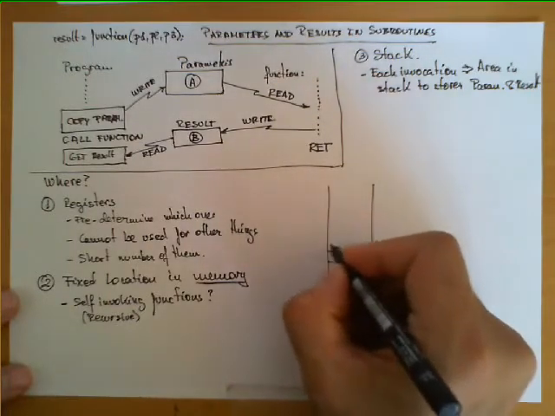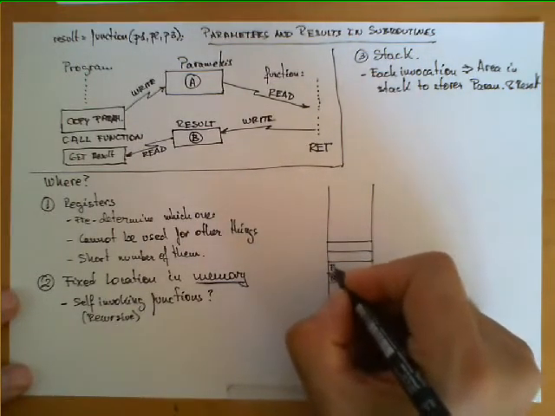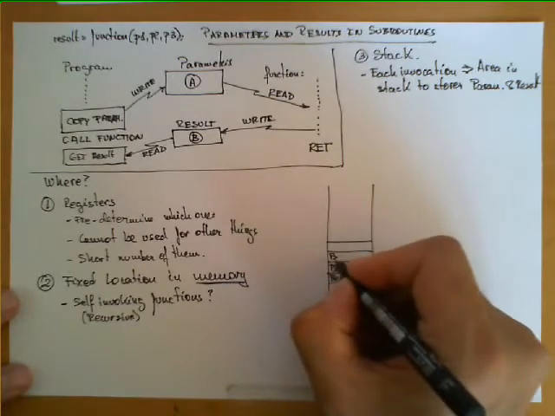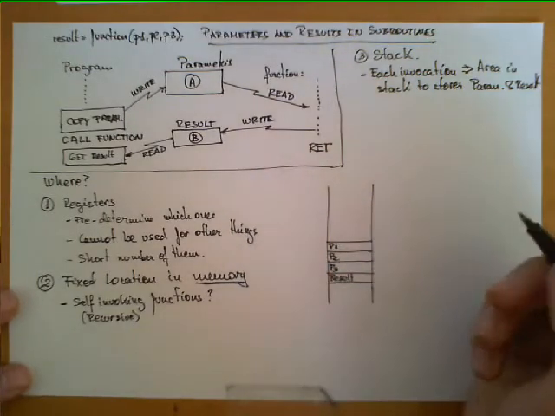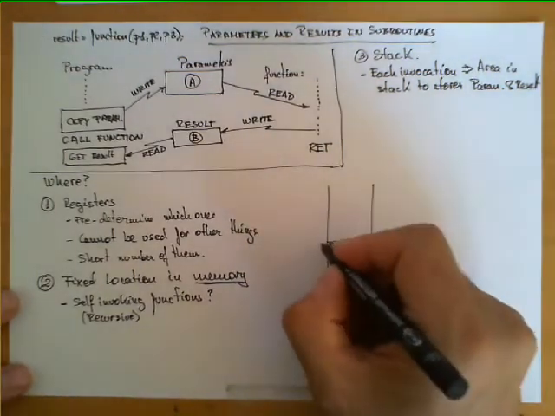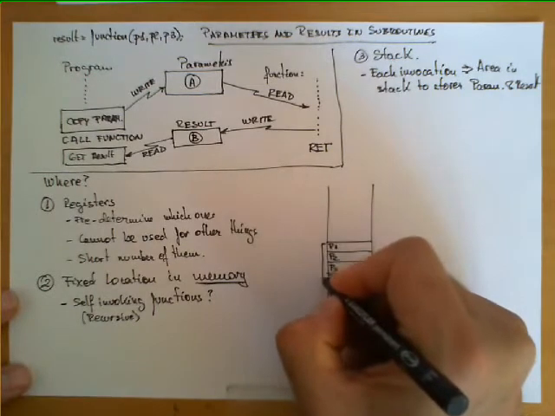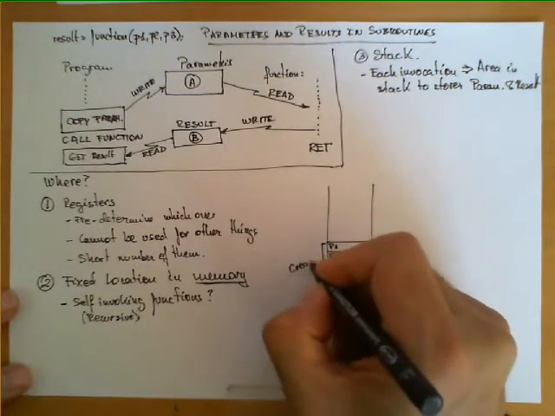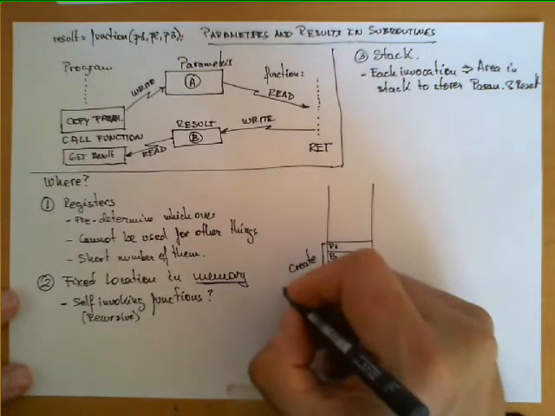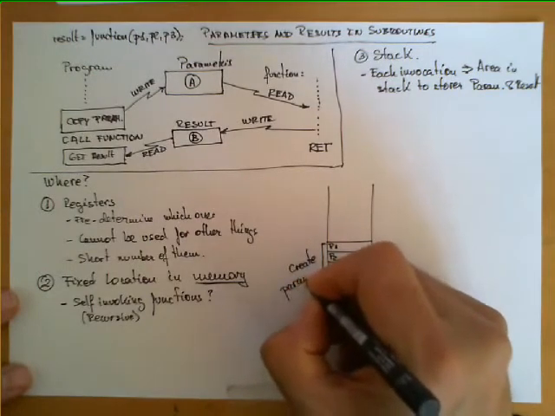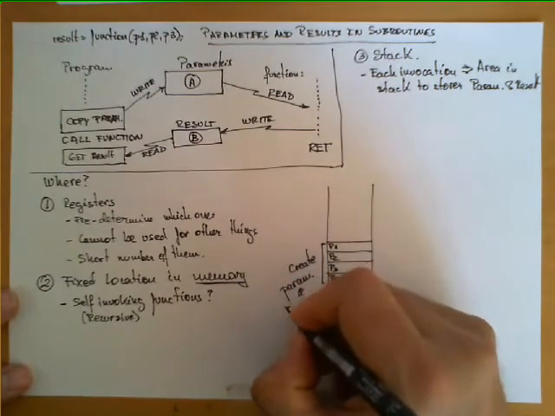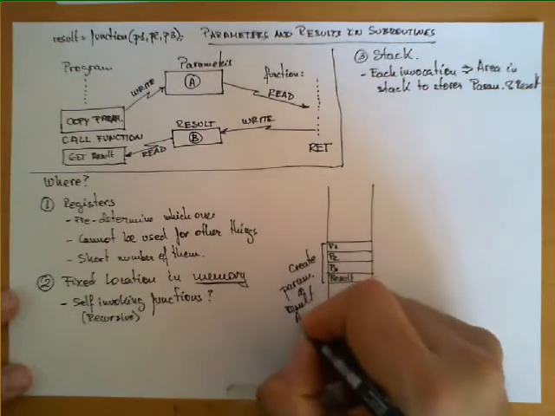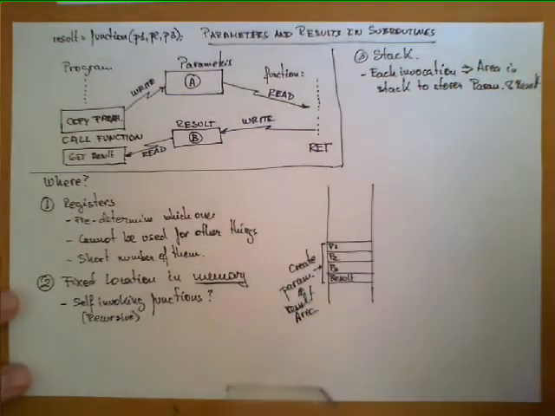It's going to position the parameters also in the stack, let's say P3, P2, and P1. So this would be the equivalent to create the parameter and result area right here.